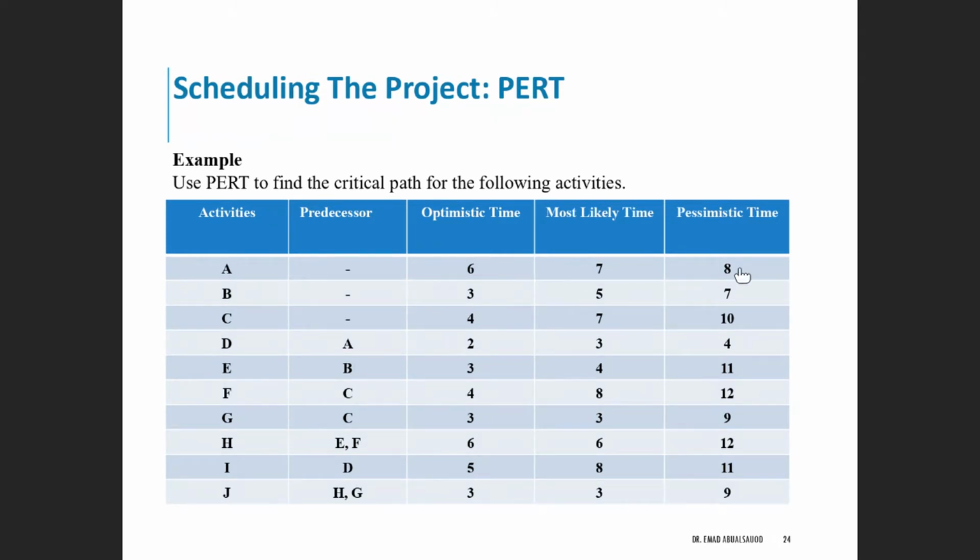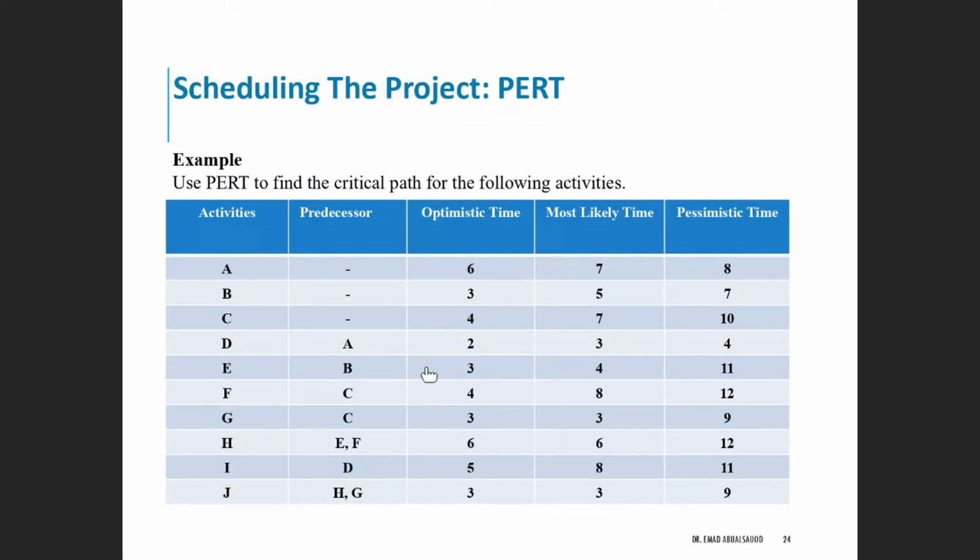The pessimistic time is 8 for activity A. For B, we have أسرع وقت ممكن نغلق فيه. Activity B is 3, most likely 5, and P is 7. These are given information. Usually you will have them in your example or the quiz or exam.